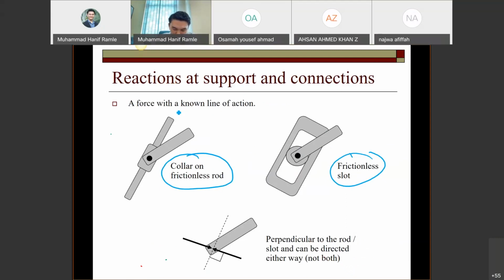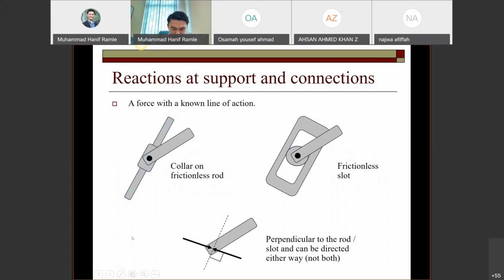Basically in the system we do have 1, 2, and 3 rigid bodies. Same goes to this one, 1, 2, and 3. But in order to simplify, we choose the point or the touching surface between the rod and the other body.